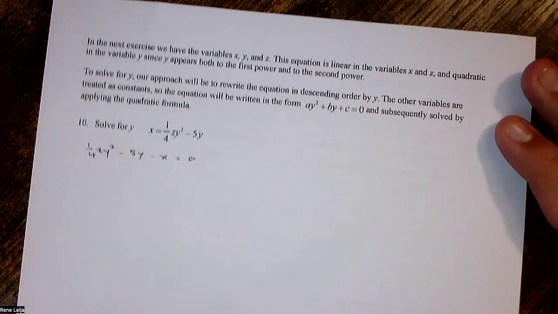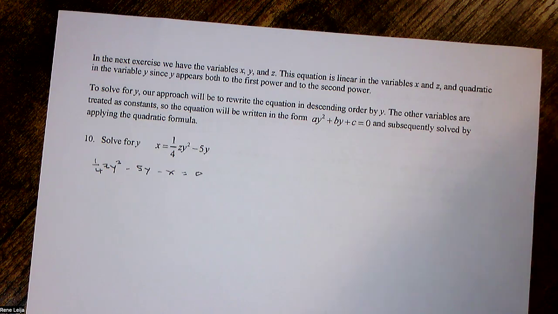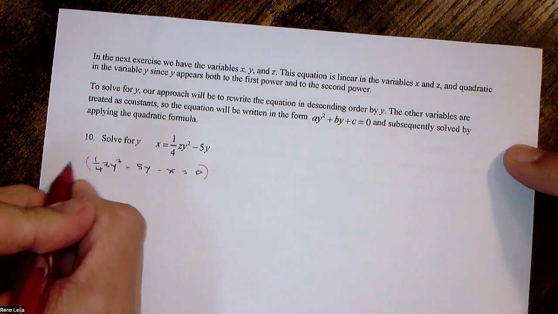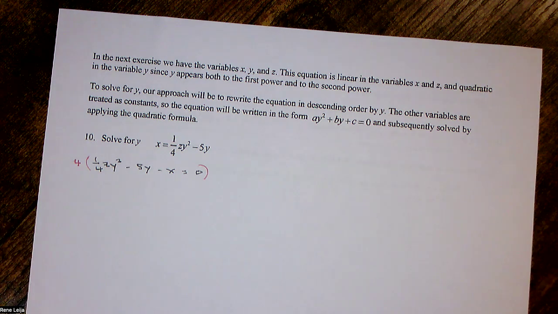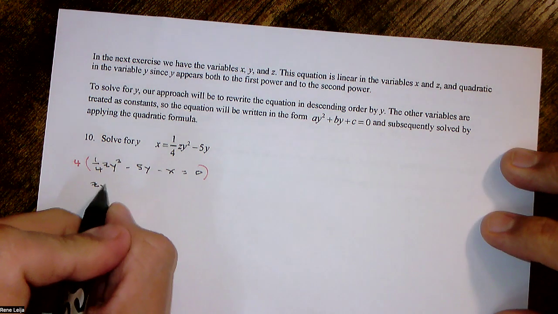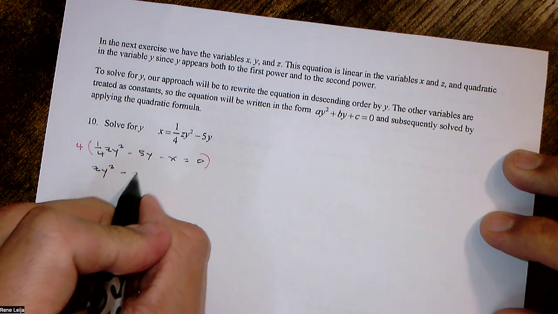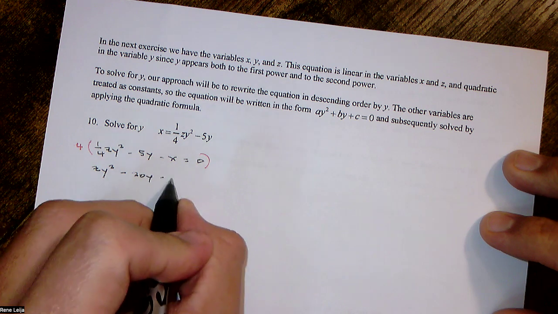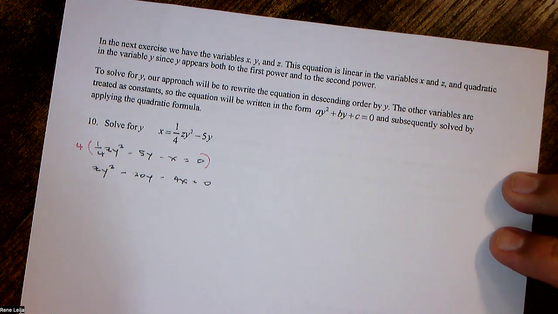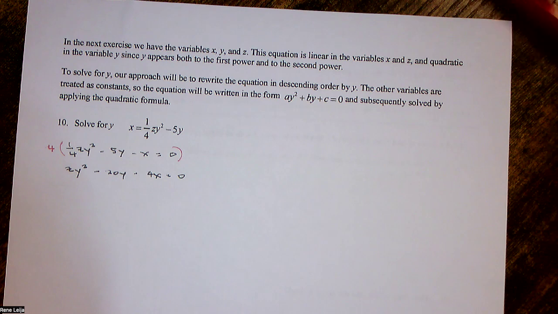I don't like the fraction there, so I'm going to multiply everybody by 4 so we can get it out of the way. So 4 times 1/4 goes away to just leave us with zy squared minus 4 times 5 is 20y minus 4x equals 0.